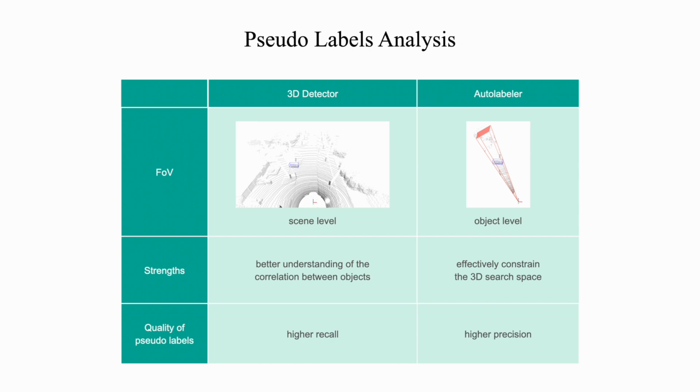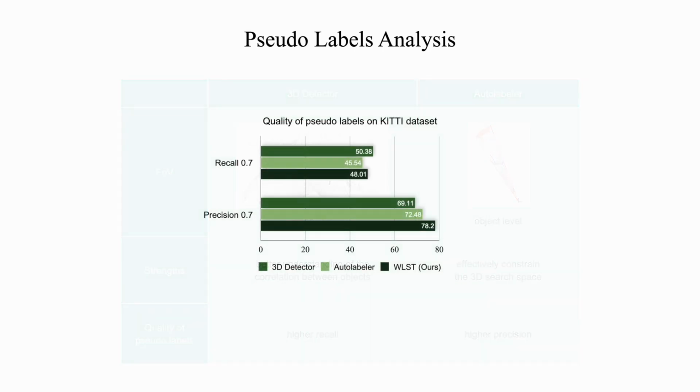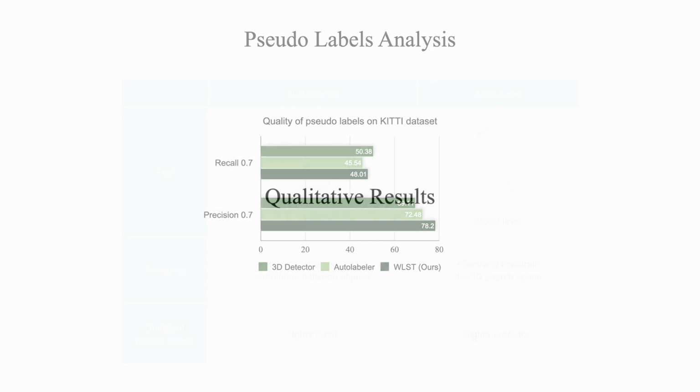On the other hand, although the autolabeler operates at the object level, it effectively narrows down the search scope of pseudo-labels in 3D space, resulting in higher precision. Despite the strengths and weaknesses inherent in the pseudo-labels generated by these two modalities, our consistency fusion strategy adaptively improves precision while maintaining high recall simultaneously.